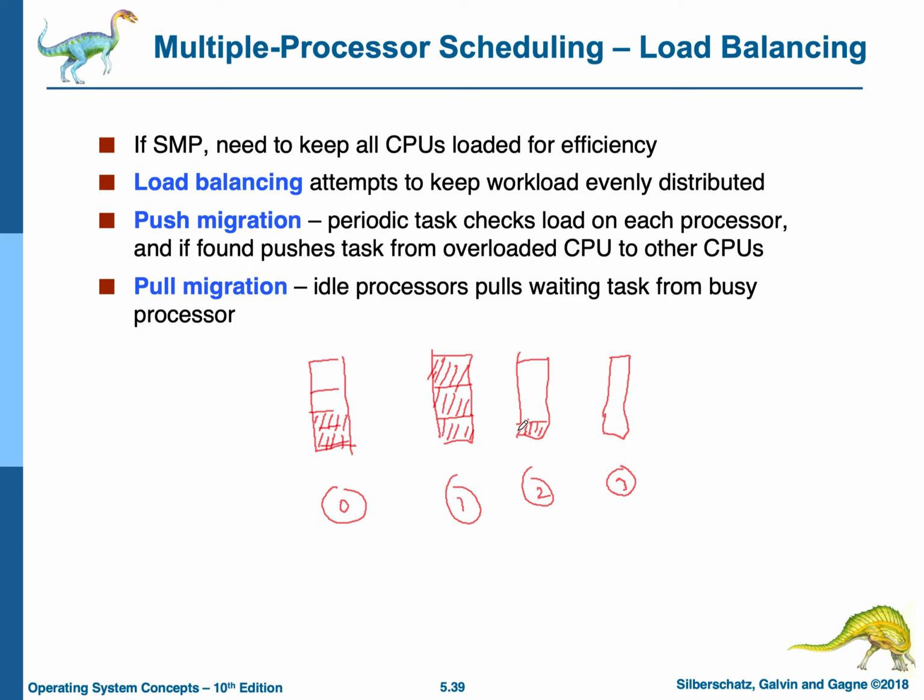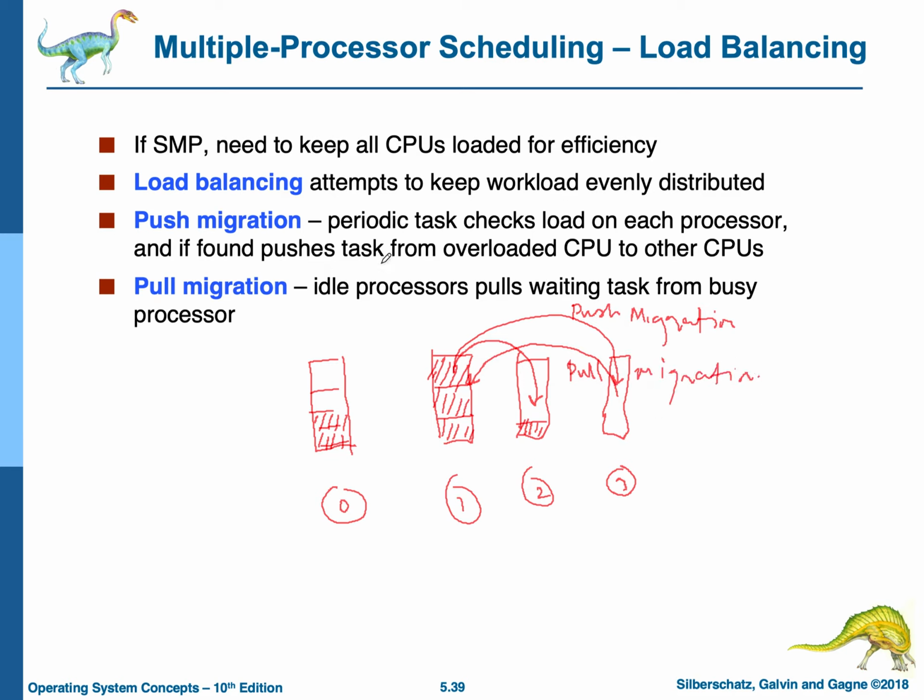So there's a technique of migration. Suppose in this process, if we push it here, or maybe if we push it here, then this is push migration. But if this core sees that it is idle and needs a job, then it will pull a job from here, right? This is called pull migration. So we have push migration and we also have pull migration.